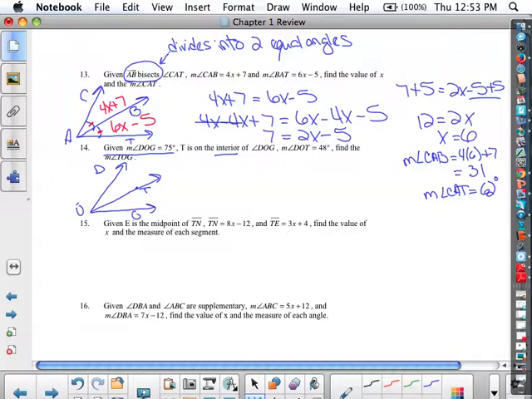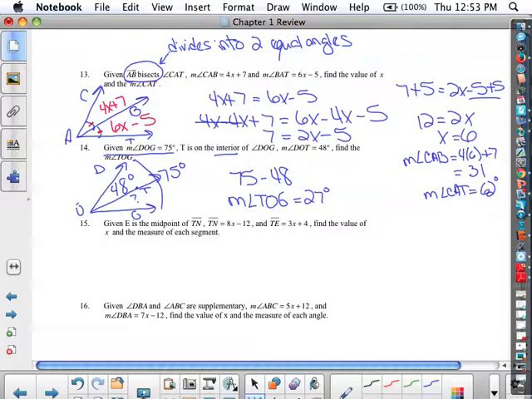DOT, or the measure of DOT, is 48 degrees. DOG is 75 degrees, and we are looking for this measure, TOG. So we have 75 minus 48, so therefore the measure of angle TOG is equal to 27 degrees.